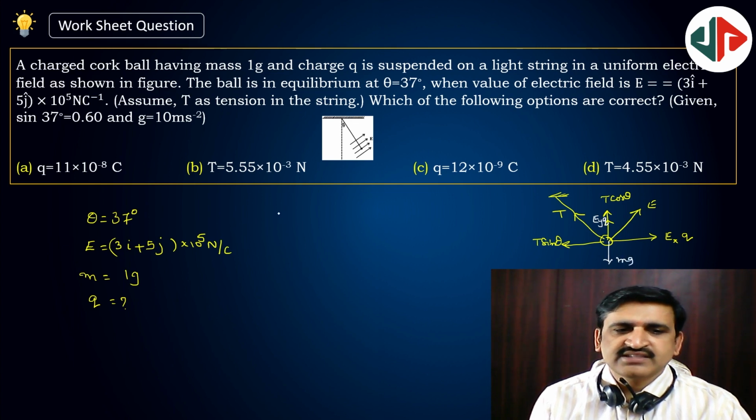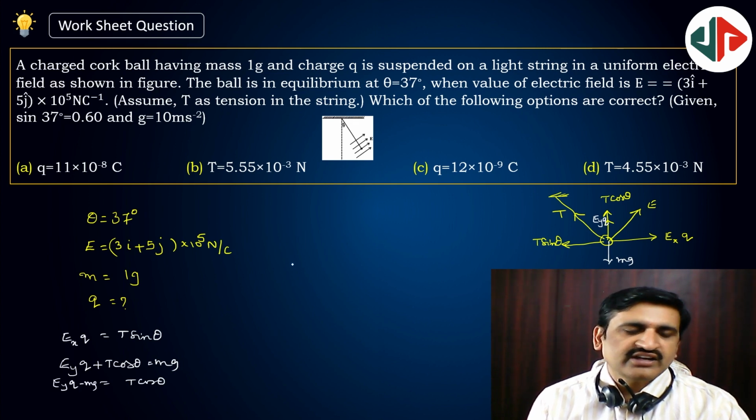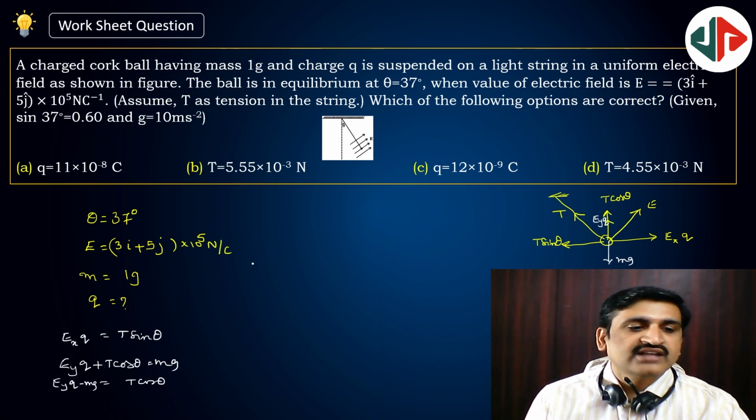So I can say simply Ex into Q, X component into Q, will balance T sin theta, and Ey into Q plus T cos theta is equal to mg, implies T cos theta is equal to mg minus Ey q. So tan theta, on dividing, tan theta is already there. Here he is asking charge Q as well as tension.